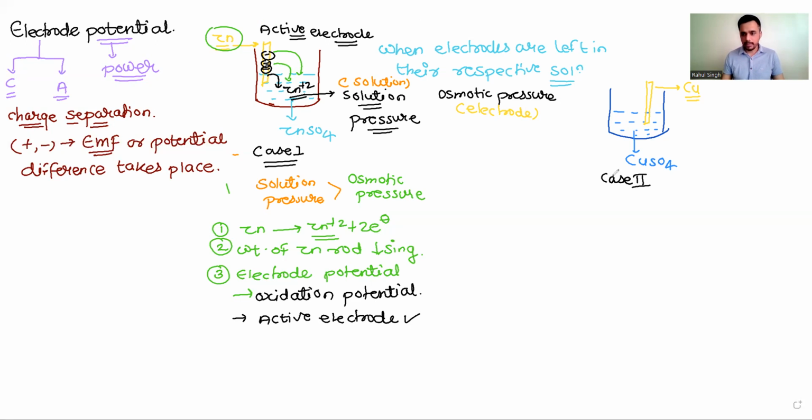Now in this case, in copper sulfate, what is happening over here? The Cu plus 2 ion is getting deposited over the copper electrode. Depositing means it is layering on that particular thing. Layering means the size of that particular thing is going to increase.